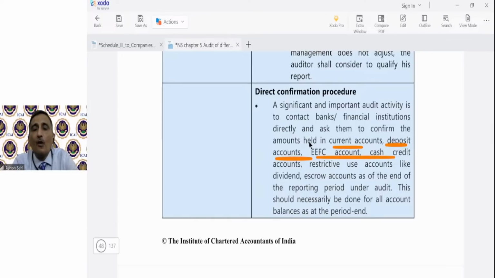These fake statements were produced to the auditor for verification, and the auditors relied upon those statements, and in this way the auditors were misled, and the auditors did not bother to probably confirm these balances directly from those banks.